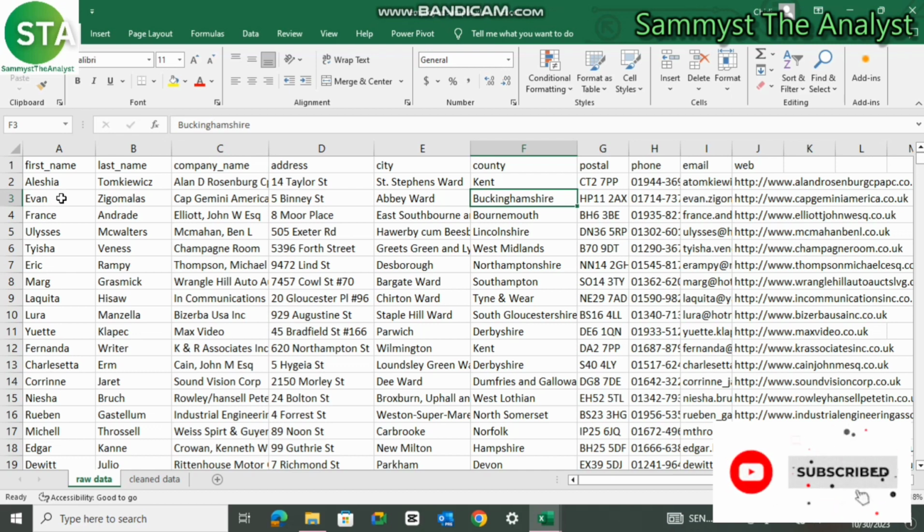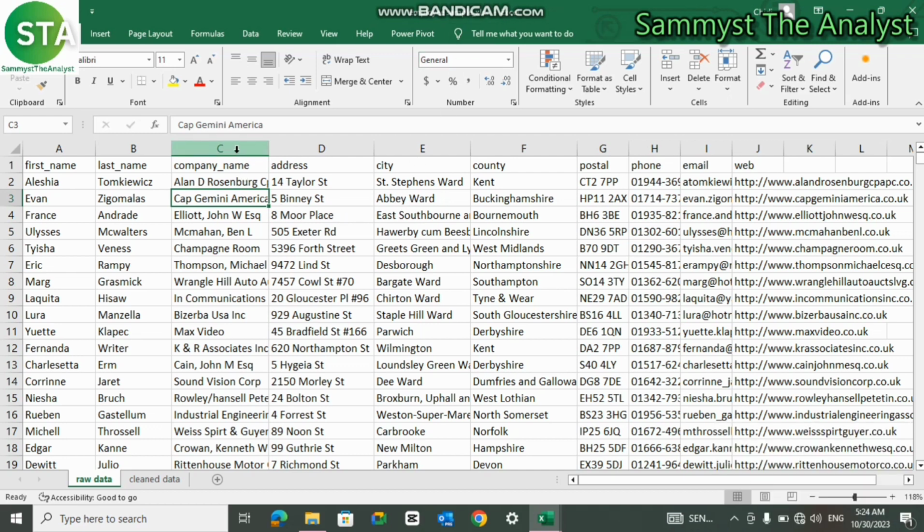So for me, after going through this data, I discovered that possibly the person who actually did this data, let's assume it's from a local government area office, maybe they compile the names of companies in the local government, and then the names of employees working there.